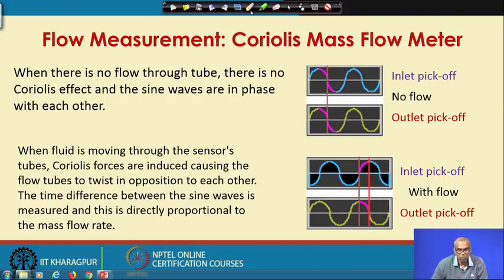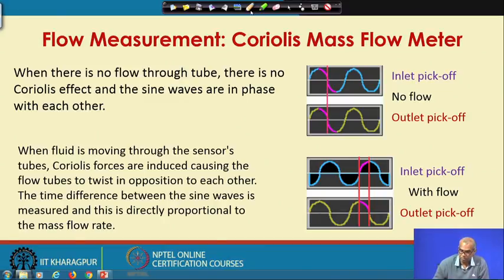This Coriolis force will cause a deflection in the tube, and these flow tubes will twist in opposition to each other. The time difference between the sine waves is measured and it is directly proportional to the mass flow rate.